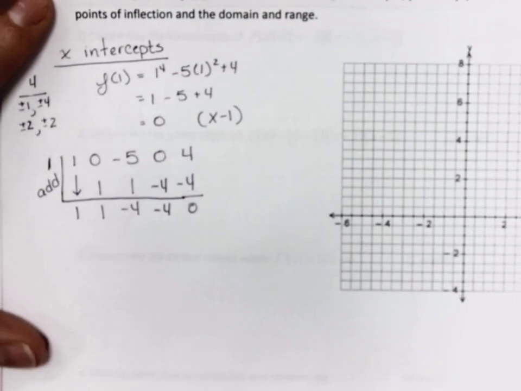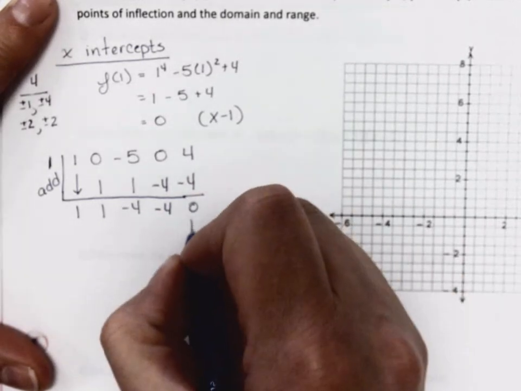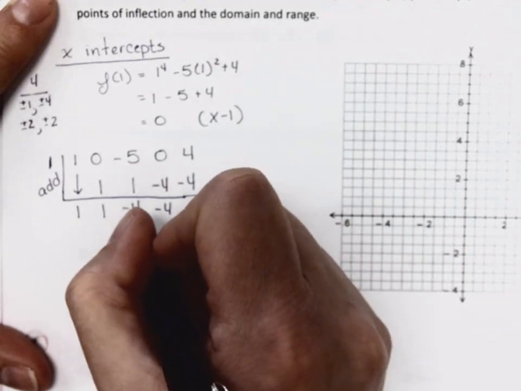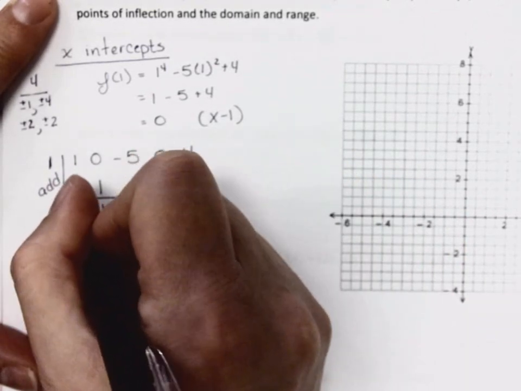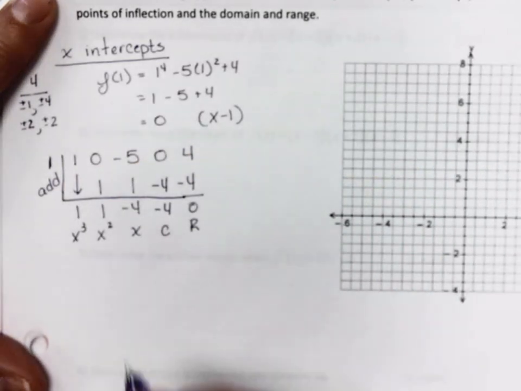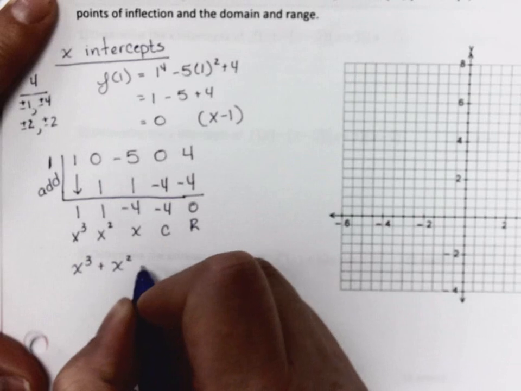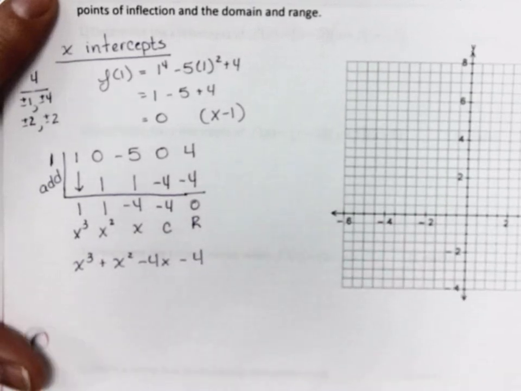All right. So remainder, constant, x, x squared, x cubed. Whew. So we have x cubed plus x squared minus 4x minus 4.